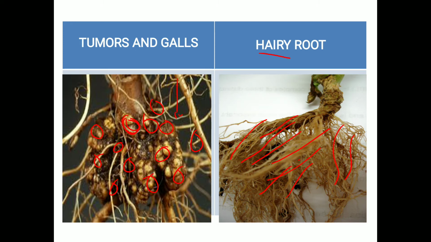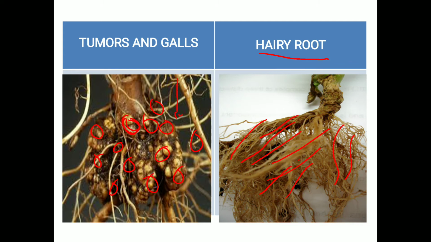Next one is hairy root. Fine, numerous hair-like structures are observed on the roots due to the attack of mostly bacteria, or sometimes virus or fungus. Due to that, such numerous fine hairs are not capable of absorbing the nutrients or water required for the plants.